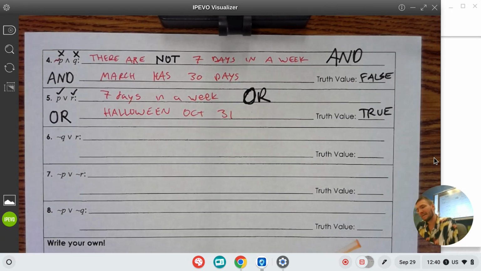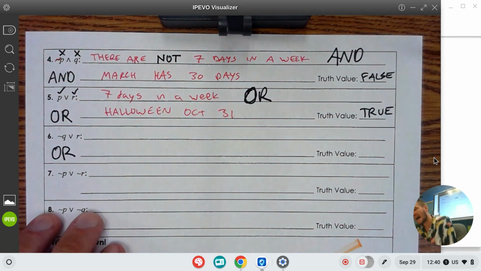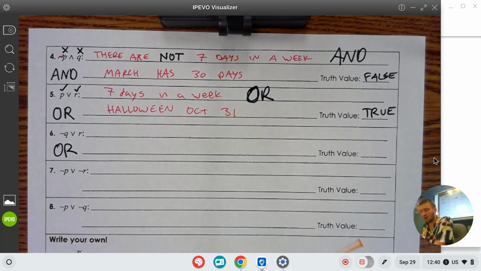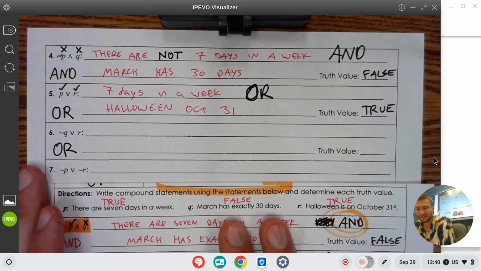All right, we're mixing it up a little bit. We've got not Q, V, R. It's not really a V. What does the V mean? Or. So we have not Q or R. Okay? Q is our March 30 days statement.